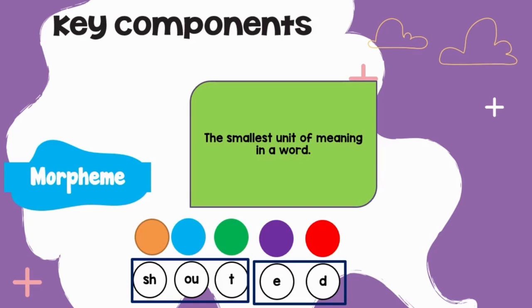Not only do they have to do orthographic mapping, but they need to be fluent with those phonemes and graphemes. They have to be proficient with being able to recognize those graphemes, what they are and what sound is connected to them.